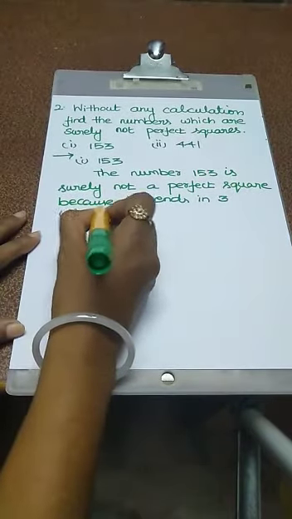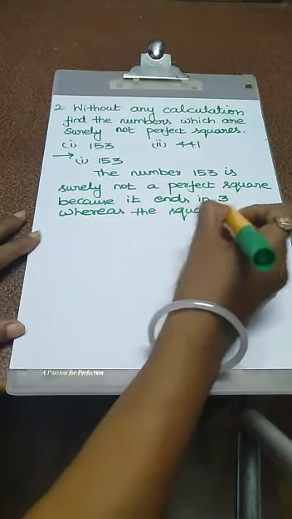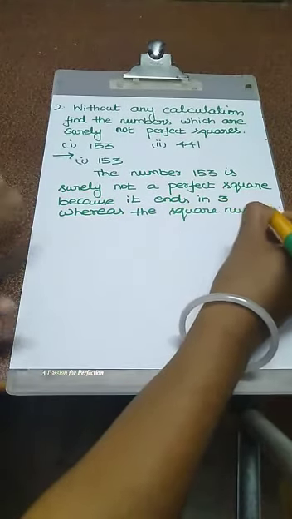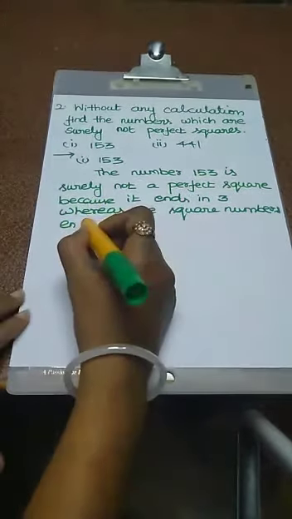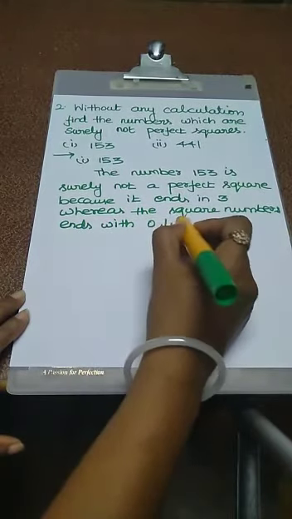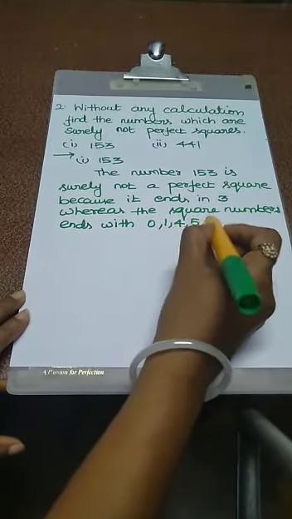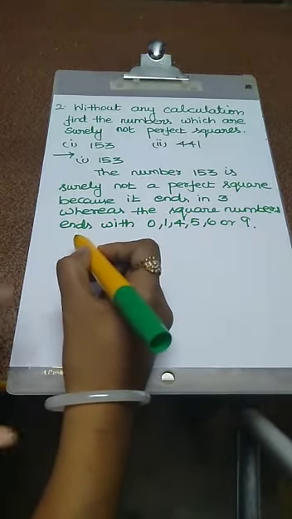Whereas we know the square numbers end with, what are the numbers? 0, 1, 4, 5, 6 or 9. Only then can we say the numbers are square numbers.